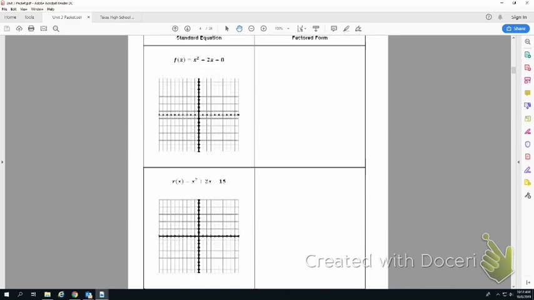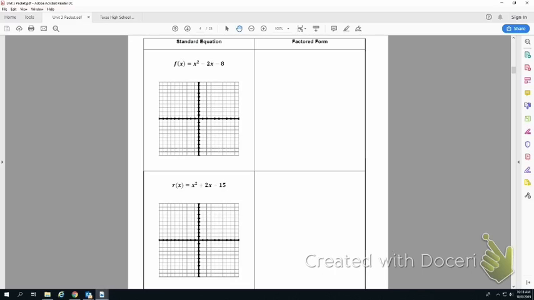Going down here to the bottom. So on this, the main focus is going from standard to factored form. And we're going to do this by factoring. So, I've got x squared minus 2x minus 8. Now, you were taught to factor in Algebra 1.